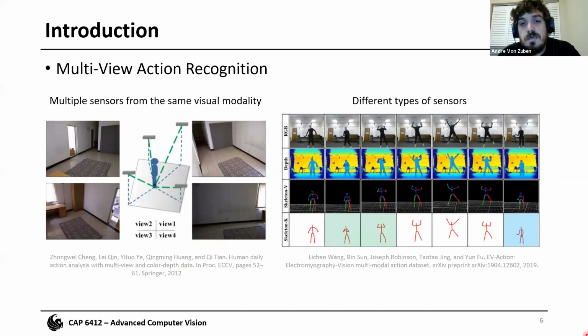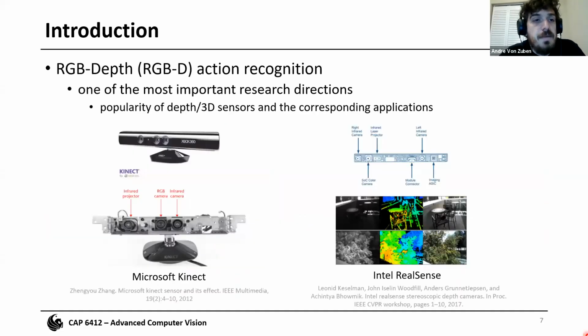In this work, the authors choose to use both RGB and depth as inputs to solve the action recognition problem. RGB-depth action recognition has become one of the most important research directions, especially after the popularity of depth 3D sensors and their corresponding applications. The first example is Microsoft Kinect, which has an infrared camera and also an RGB camera. Another example is Intel RealSense, which also has infrared cameras and RGB cameras.